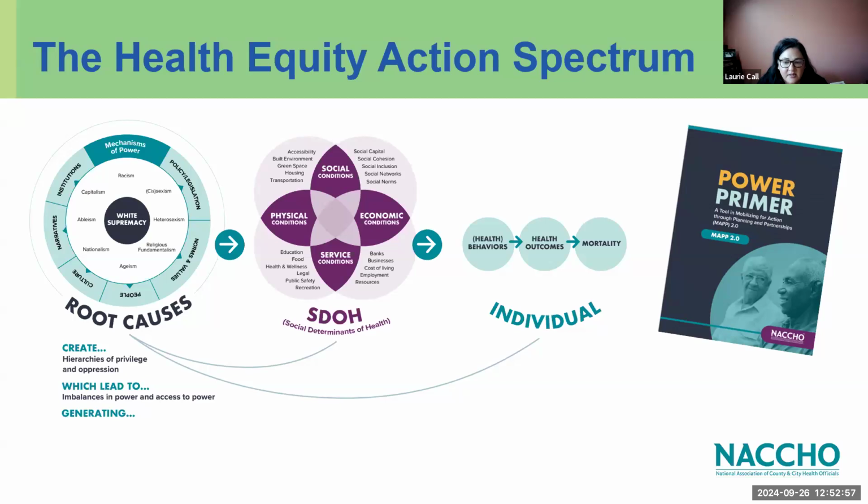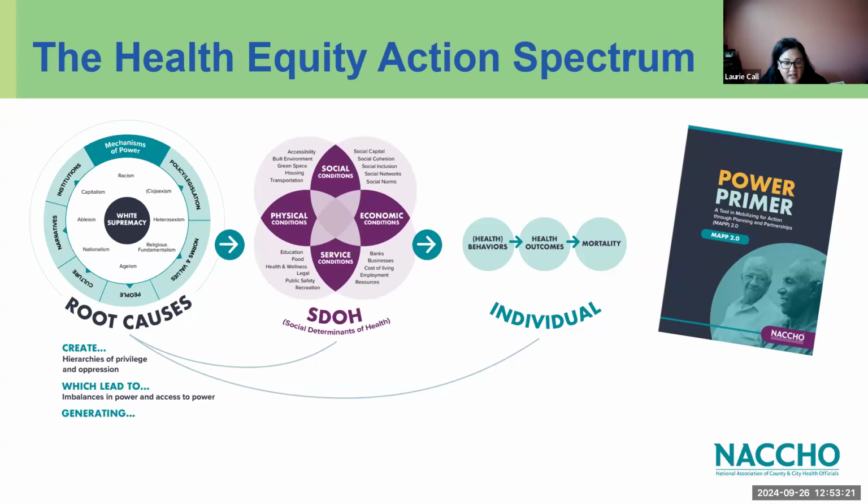The laws, policies, and norms that were designed to maintain these systems compose our institutions today and have created conditions, at the center of the spectrum, that lead to the exclusion, marginalization, and systemic violence across all types of social identities, in addition to race. So we're thinking about that intersectionality in addition to race.